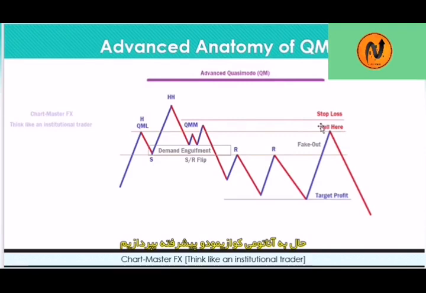advanced anatomy of the Quasimodo. So as you can look, guys, on this example, you can see that the price rallied and it created a high and it dropped. Once it dropped, it created a new higher high. So once we have a higher high here, you can see that a Quasimodo of type the MPL of type 3 was actually formulated here and the price dropped.